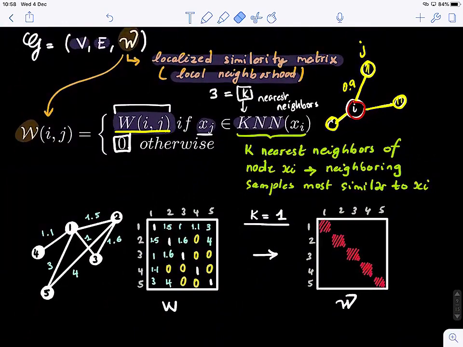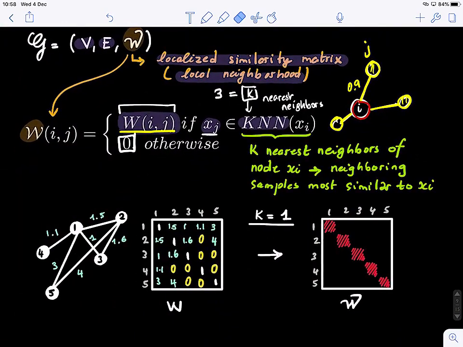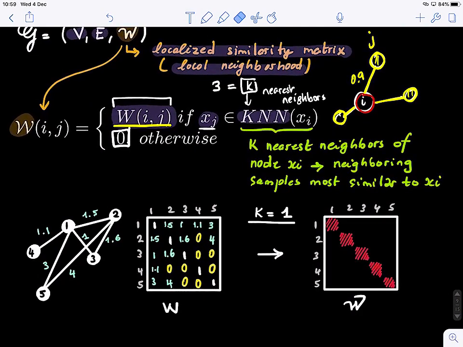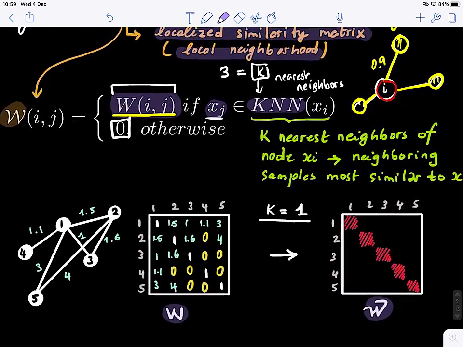So for example, if you look at this graph, can we fill this out? For k equals 1, how can we create this matrix, italic W, from W? Given this graph, we want to select how many closest neighbors?